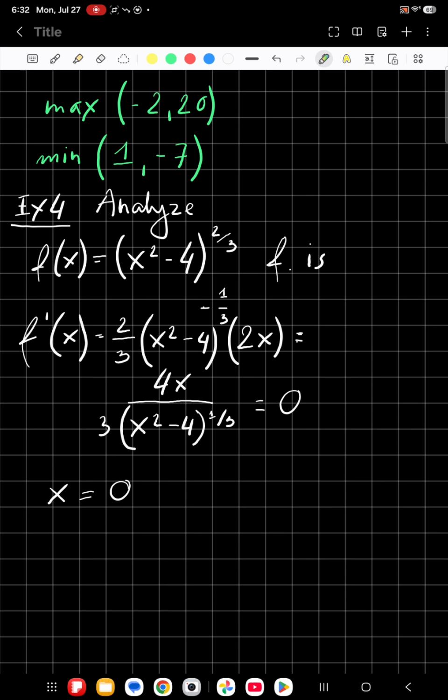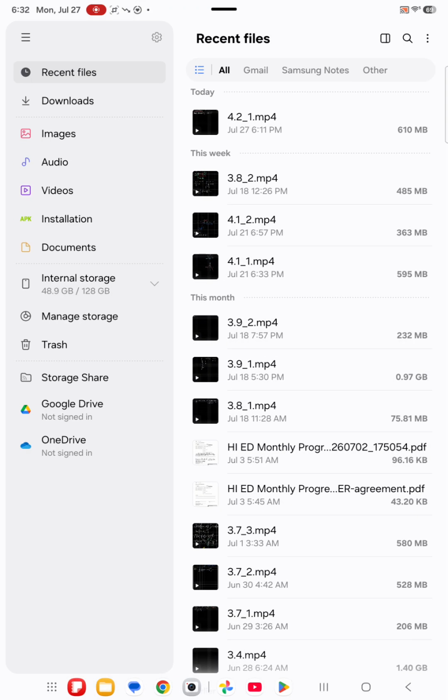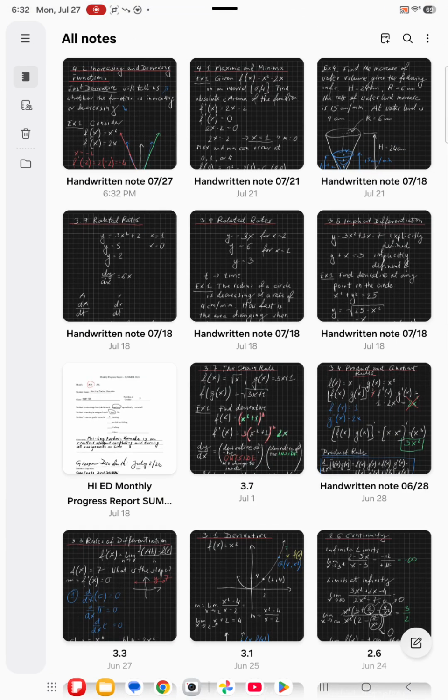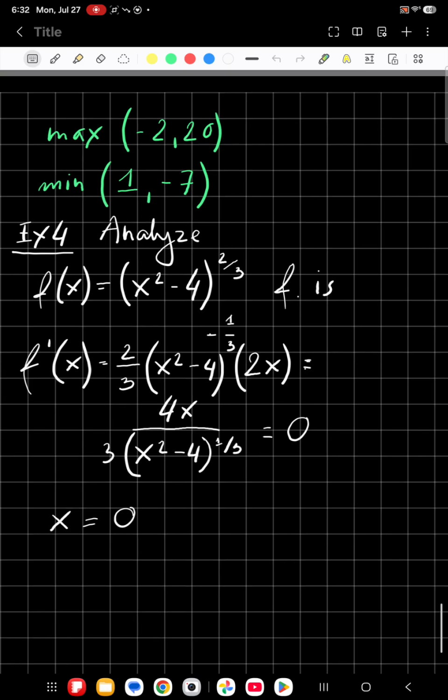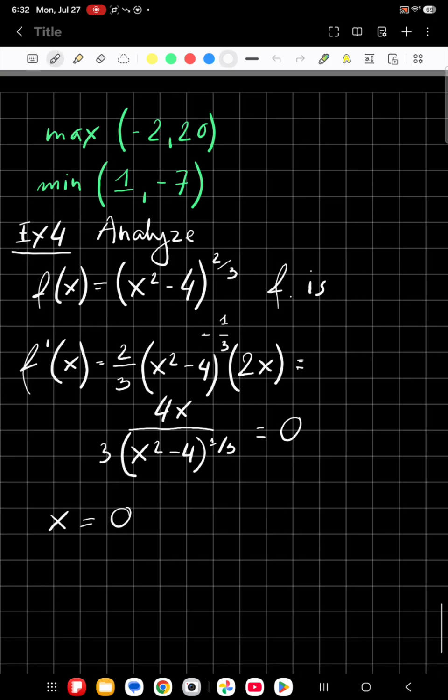So in our case, we have two numbers that would make the denominator equal to 0: because we can factor that x squared minus 4, x equals 2, and x equals negative 2.